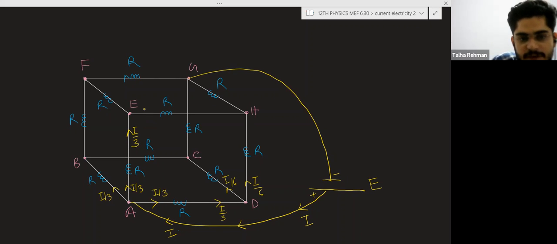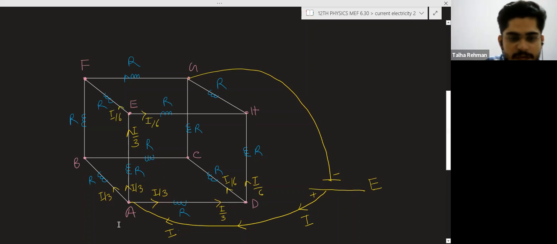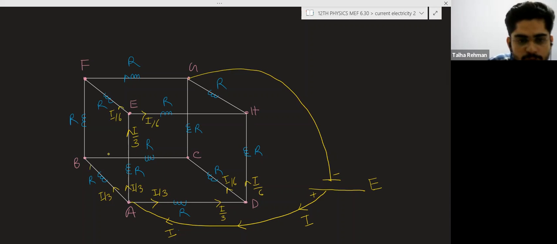Here the current will be I by 6 again, and here the current is also I by 6. Now move from A to B. Here are two branches, and the current is I by 3, so this I by 3 will be divided in this direction into I by 6 and I by 6.